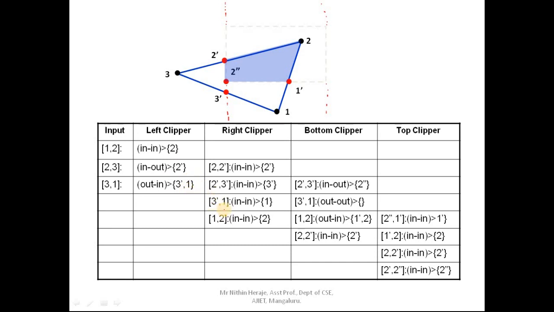Sorry, this is 3 dash and 1, and the output is 1. Next is 1 comma 2. So this edge is 1 comma 2. So there we complete all the edges. So 1 comma 2 is again in and in, since it lies left side. So the output is 2. Okay. So now we have these new edges over here. So we'll start with that.